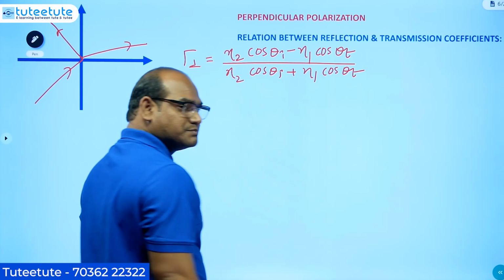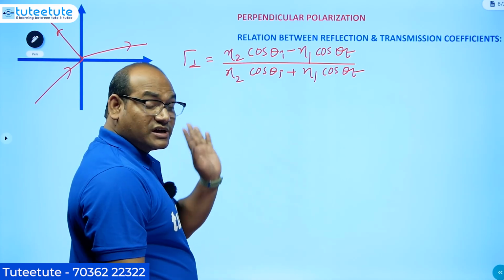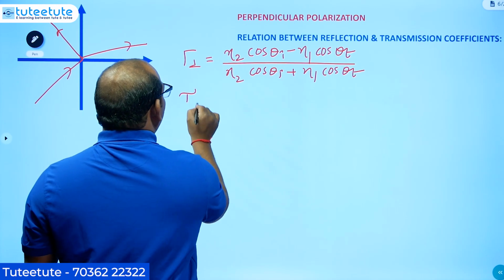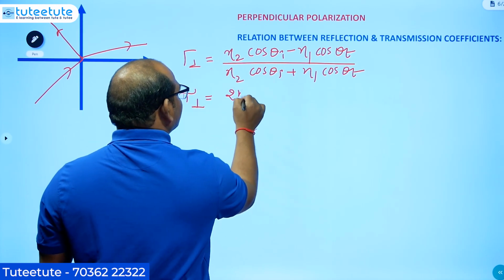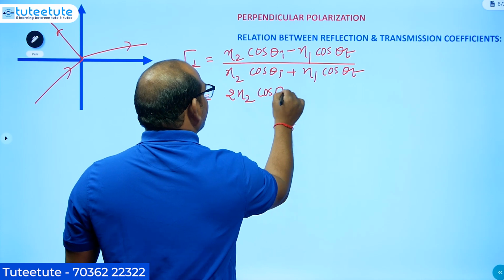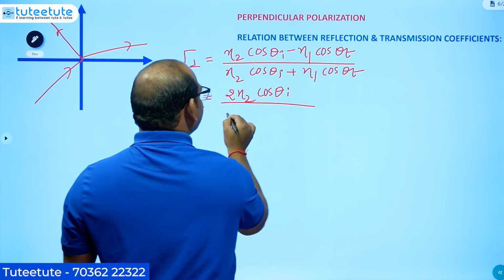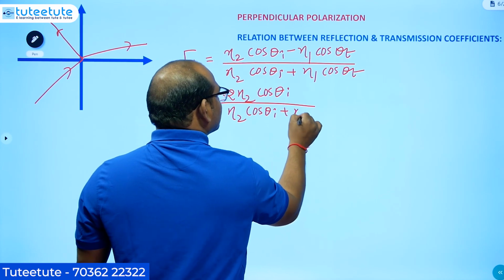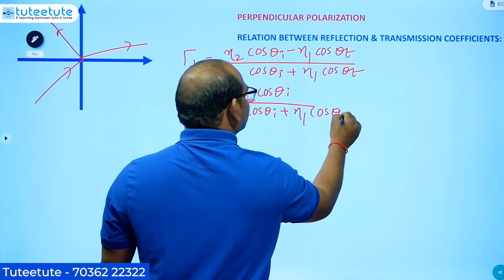This is the reflection coefficient. Now the transmission coefficient tau perpendicular is equal to 2 times eta 2 cos theta I by the same denominator, eta 2 cos theta I plus eta 1 cos theta t.